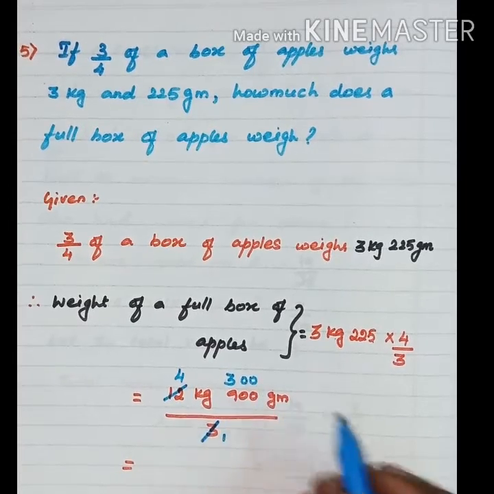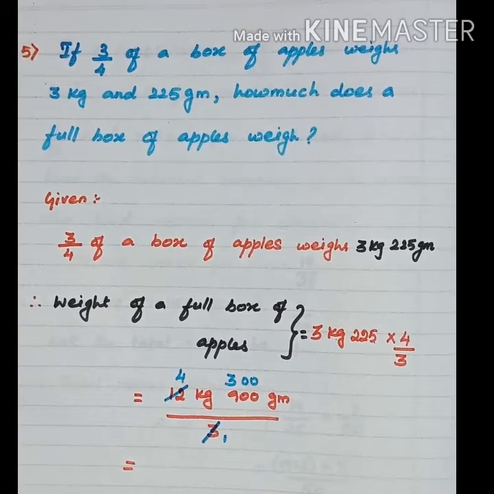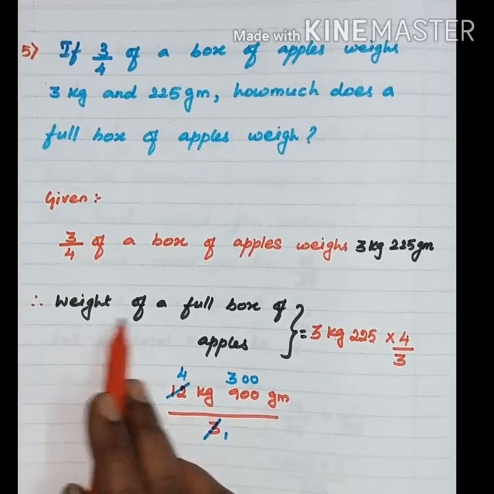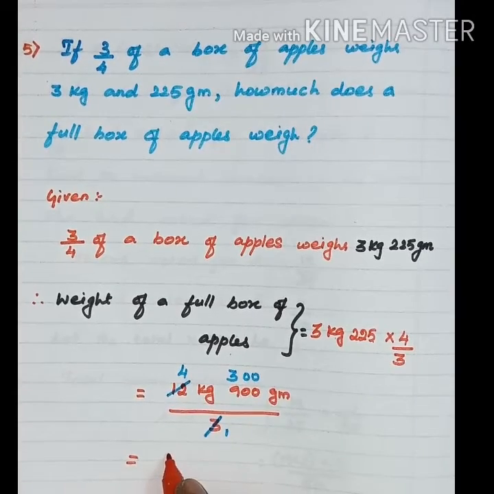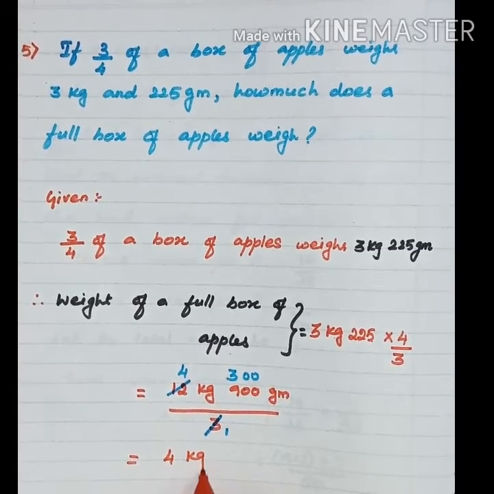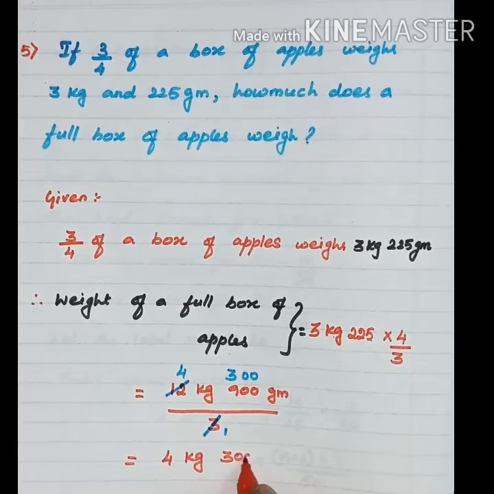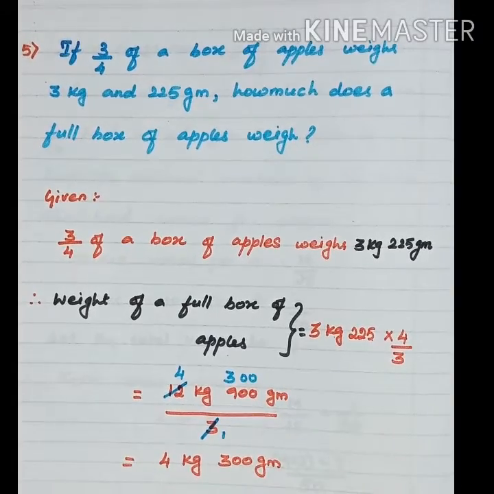The 2 zeros will come here. So, the weight of a full box of apple is equal to 4 kg 300 grams.